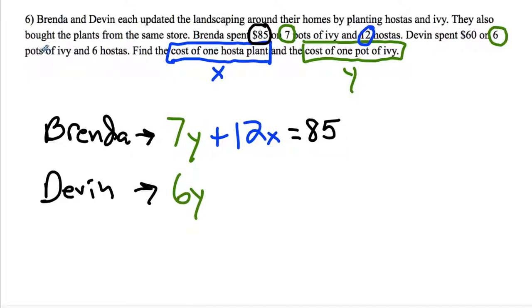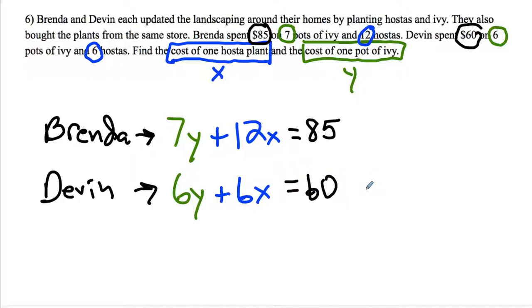And then 6 hostas as well. My hosta plants were x, and I have 6 of those, so plus 6x. And that cost him $60, equals 60.